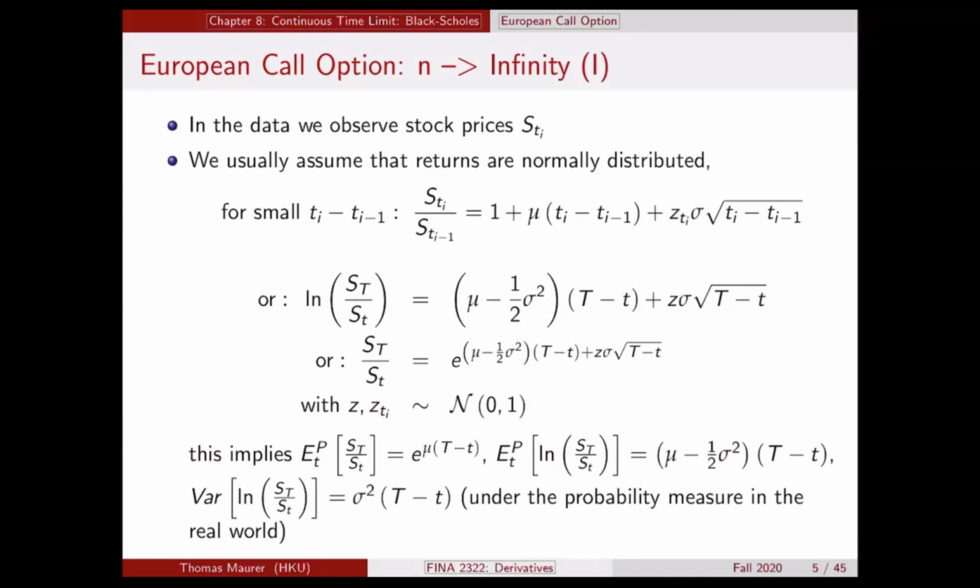If you take the expectation of e to the power of a normally distributed variable, this is equal to e to the power of the expectation of that normally distributed variable plus 1/2 of its variance. And so 1/2 of this variance cancels out exactly this. That's why we end up with e to the power of just the expected return mu times the time horizon. If you look at the expected log return, you just take the expectation of this thing, and the expectation of c is 0, so we're just left with this thing over here.